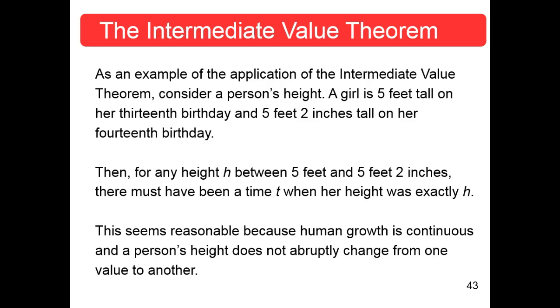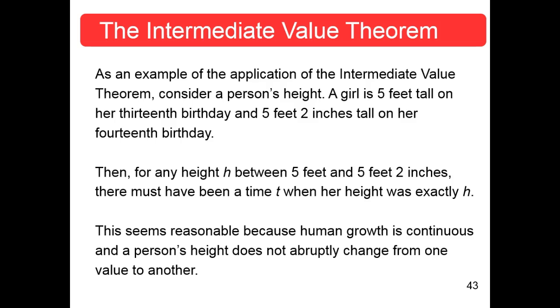As an example of the application of the intermediate value theorem, consider a person's height. So just consider how tall you are right now. A girl is 5 feet tall on her 13th birthday, and 5 feet 2 inches tall on her 14th birthday. In between her 13th birthday and her 14th birthday, she was every height in between 5 and 5'2".